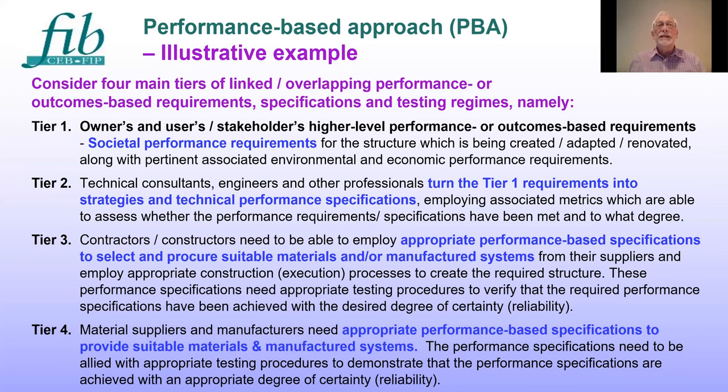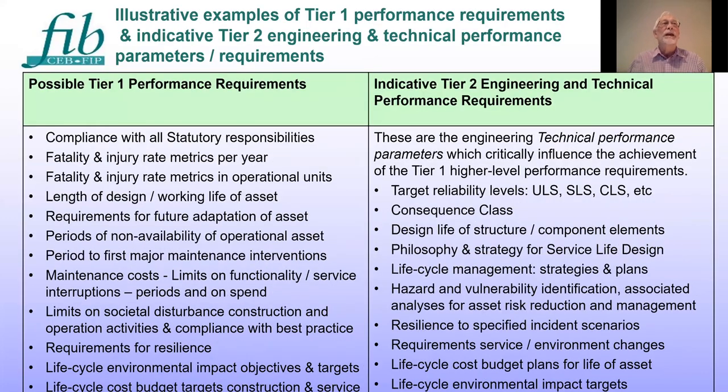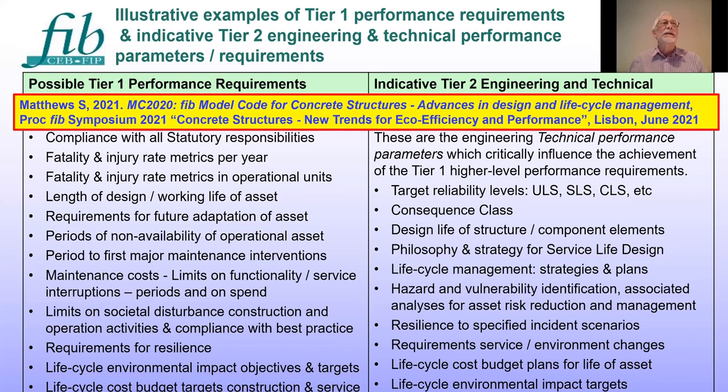So all of these processes need appropriate metrics so that their performance or success can be judged and an appropriate degree of reliability established. I had hoped to be able to give you an illustrative example of a Tier 1 performance requirements and that conversion into an indicative Tier 2 engineering technical performance requirements, but it takes too long for the period I've been allocated today.